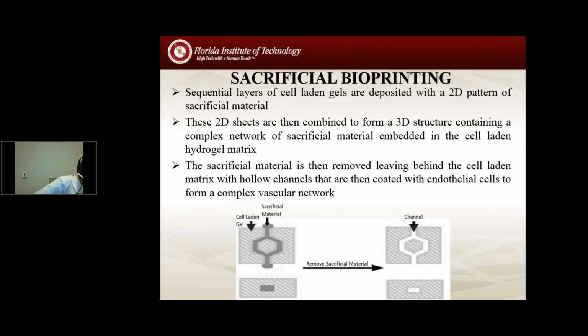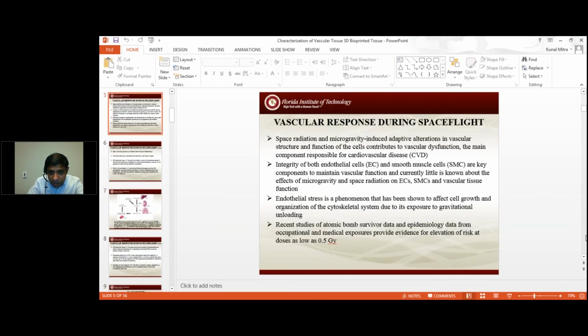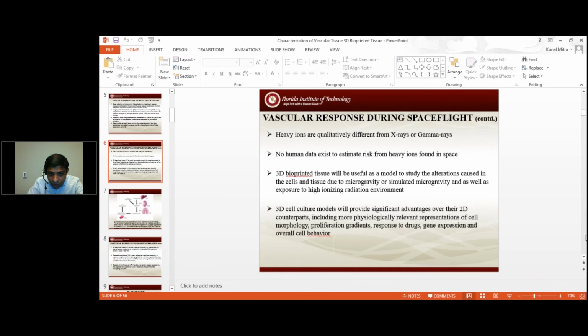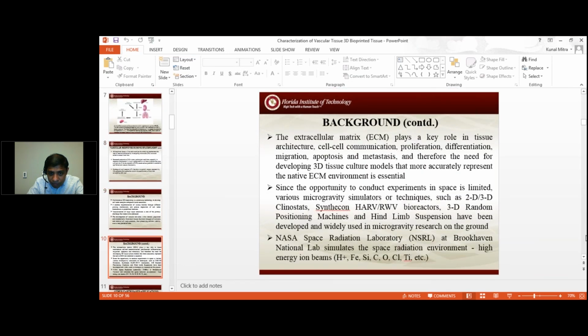My next question: were there any long-term effects of the trials done on the test subjects? I'm assuming this is on the radiation aspect. Yes, there are some studies, I believe, done on hind limb studies in mice.